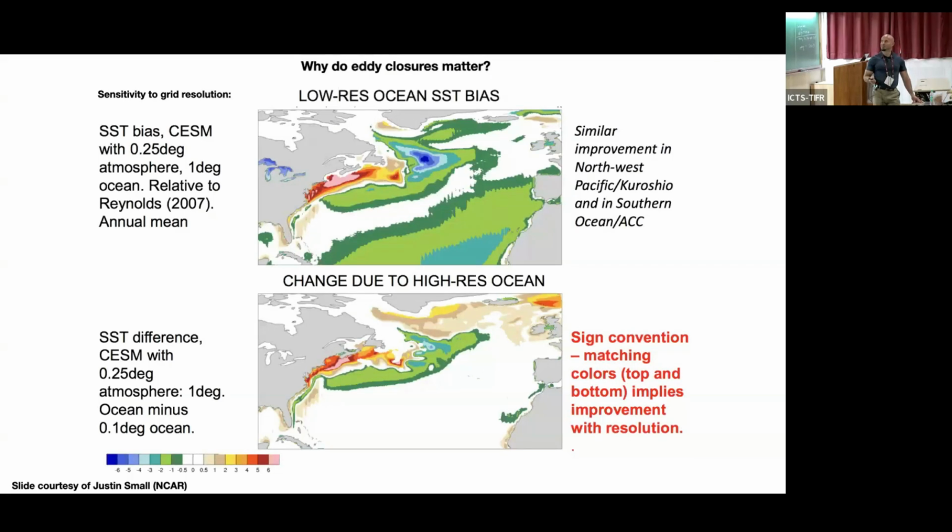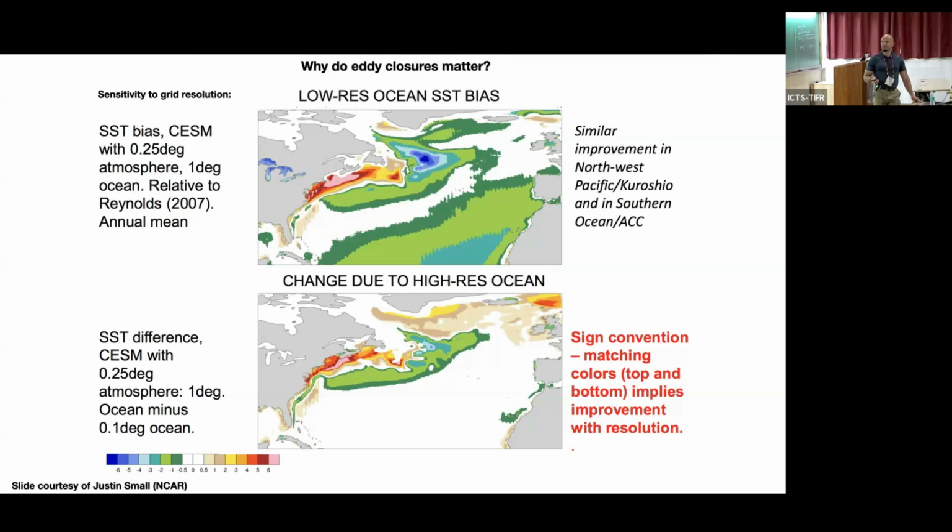Here's an example from the Gulf Stream, or at least the Gulf Stream separation in the northeastern United States. This is sea surface temperature bias. And so you can see when you have a low resolution ocean, there's just this massive, say like up to 5 degrees C sea surface temperature bias off the coast, anywhere from New York up to Newfoundland.